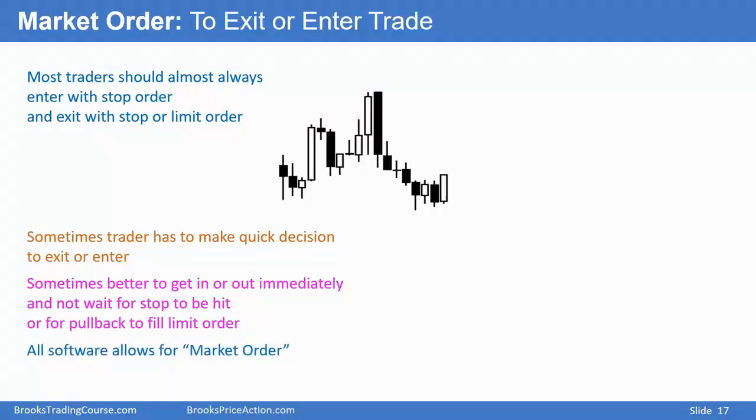And that is why all brokers have an option to create market orders. If you select market, for example, buy market, you'll get filled immediately at the market. If you pick sell market, you'll get filled immediately at the market. If you're long and you hit sell market, you'll immediately exit. If you're short and you hit buy market, you'll immediately exit.